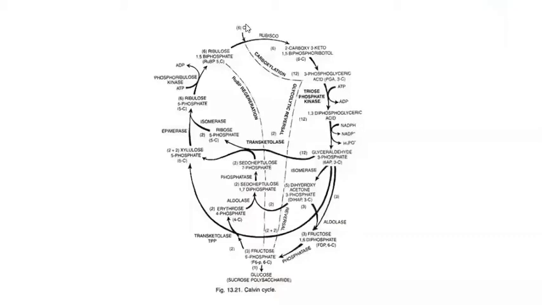So here the carbon dioxide is converted into glucose, C6H12O6. One part of this reaction occurs here, and the second phase, the carbonylation and reduction phase, is over.